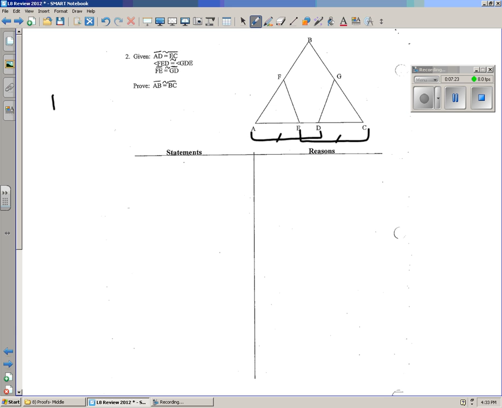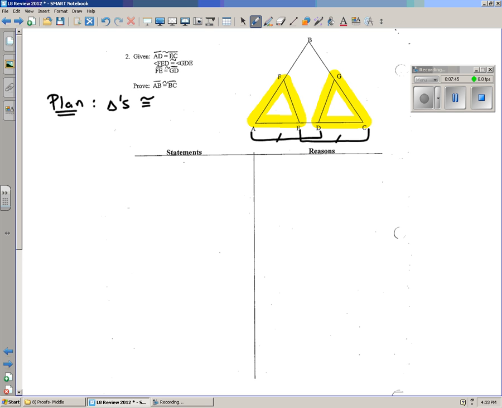But again, we have to have a plan of attack for this. The plan: we want to get triangles congruent. So which 2 triangles look congruent? Well, these guys right here look congruent to me. So I want to try to get those 2 triangles to be congruent.